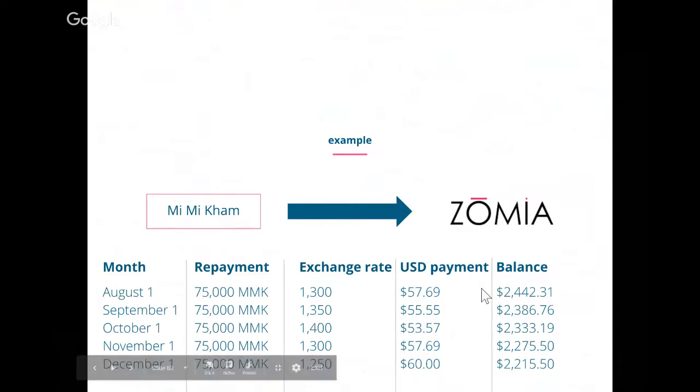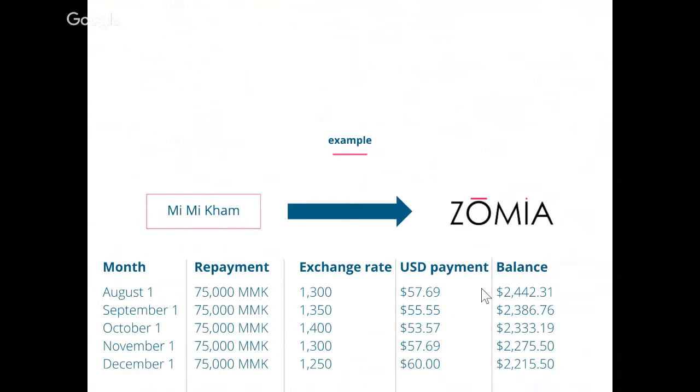And this is a really important concept to understand. The exchange rate between the currency you use to repay your loan and the US dollar will change over time. This is natural and it happens all the time. And this can be a good thing or a not so good thing. It really just depends on the value of the US dollar compared to the currency that you use to make repayments.